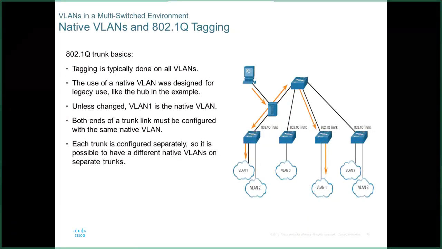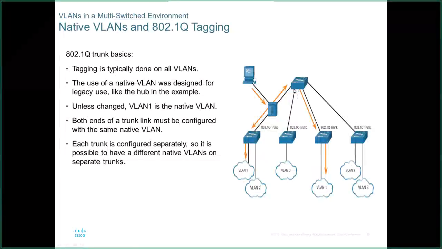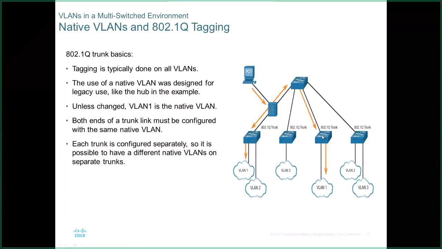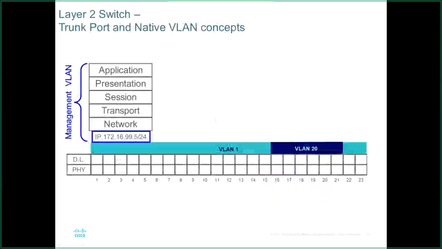You can have different native VLANs on different trunks. So it doesn't have to be the same native VLAN across all your trunks. It's just you're defining it from point A to point B. Each trunk is an A to B link. You need to define a native VLAN for this source and that destination on each trunk, and they must match.